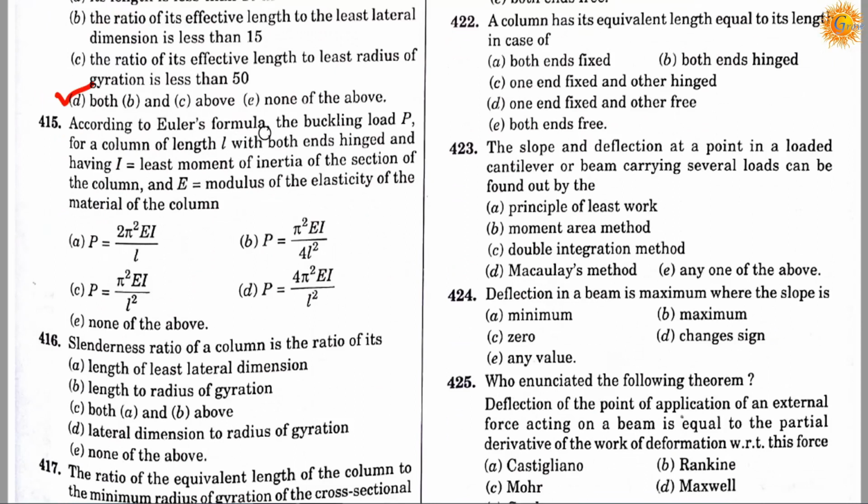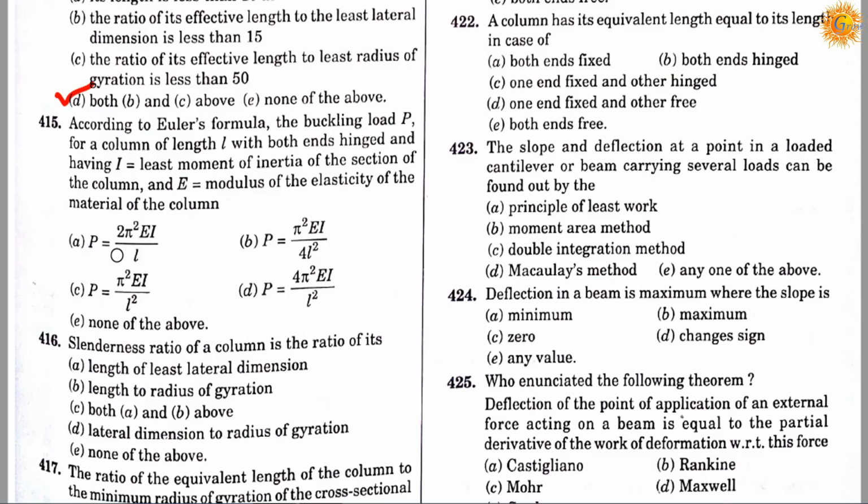According to Euler's formula, the buckling load P for a column of length L with both ends hinged, and having I equal to the least moment of inertia of the section of the column, and E equal to the modulus of elasticity of the material of the column.